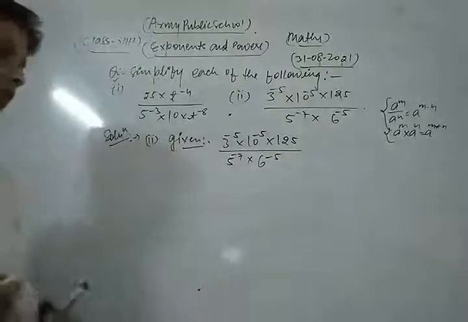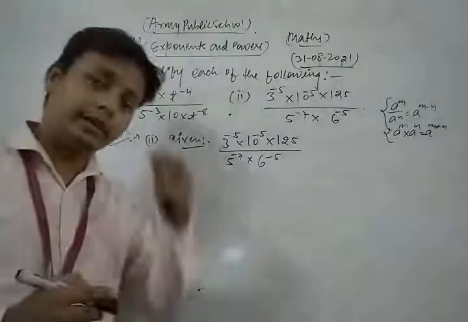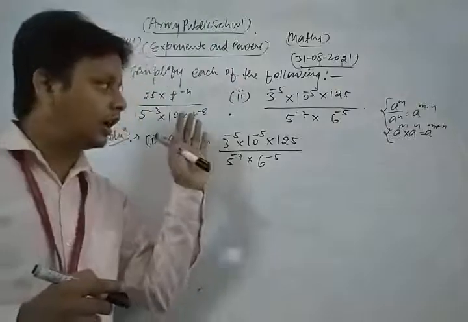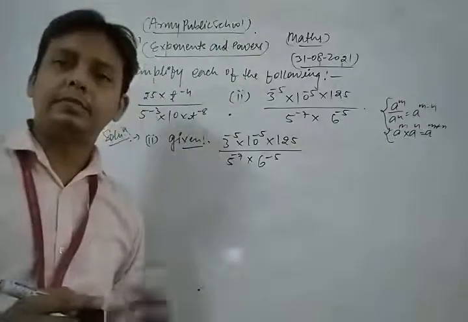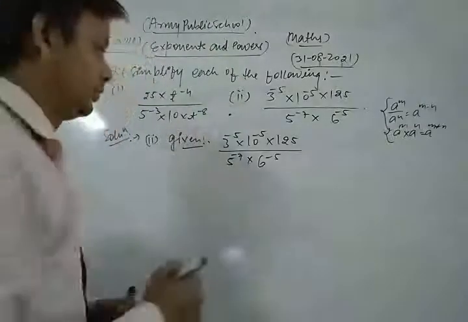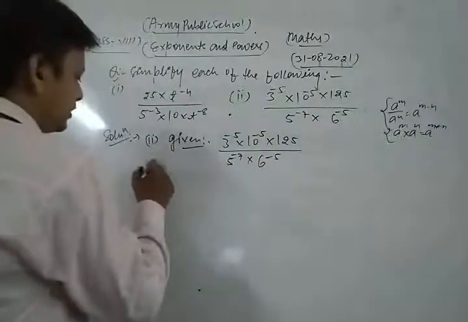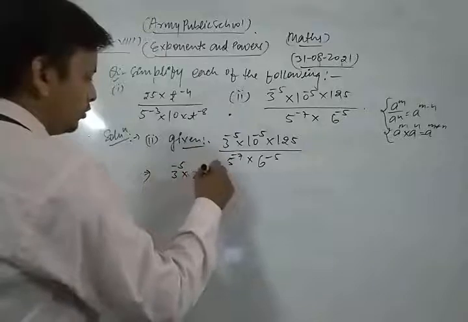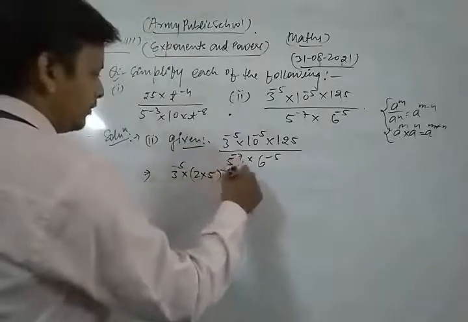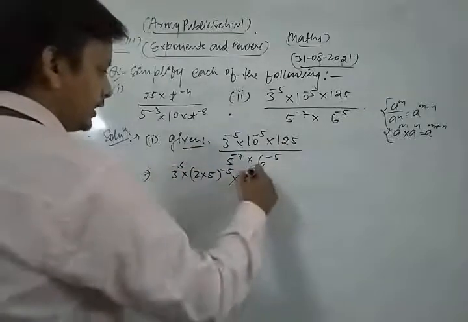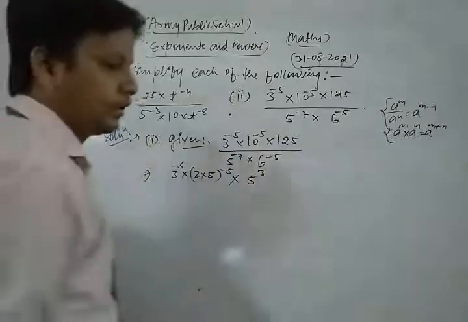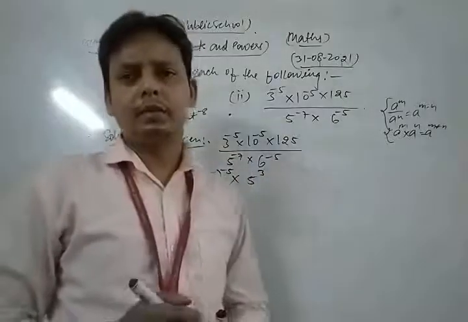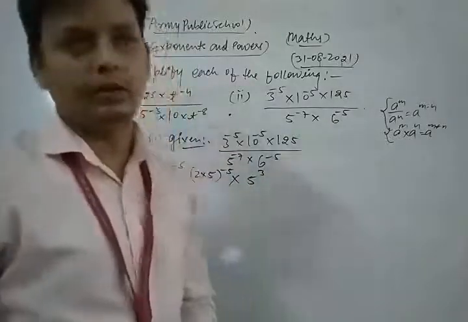So after writing them, first of all we convert all the numbers into the same base if possible. So look, we can write 3 power minus 5 as it is, 10 we can write 2 into 5 to whole power minus 5, and 125 we can write 5 to the power 3, because 5 into 5 is 25, 25 into 5 is 125.